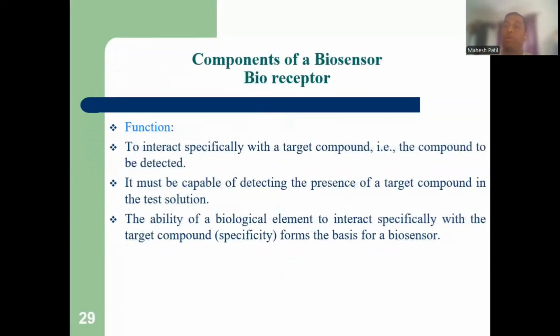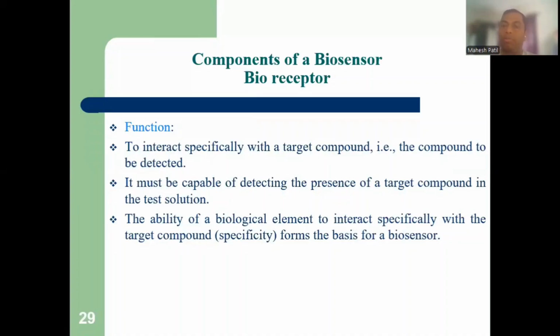So what is the most important function of a bioreceptor? As we have seen, the most important function of a bioreceptor is to interact with a specific target compound. That target compound, the analyte, is what we are mostly interested in. The compound which is to be detected is the most important to us. Secondly, high selectivity.